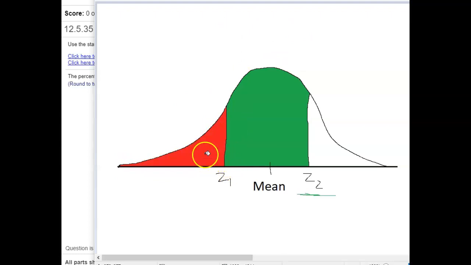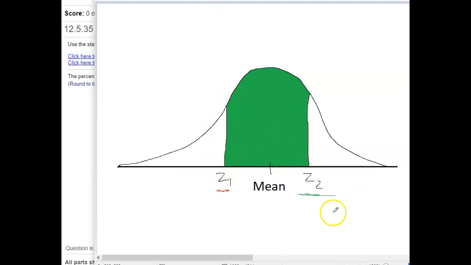Well, look at where that is. That is from the smaller of our two z values, everything less than that. So we can look up our smaller one and subtract it away from the answer we got from the first one. If we subtract away that part in the tail, everything to the left of that smaller one, all we're left with is what's in between our two z values.